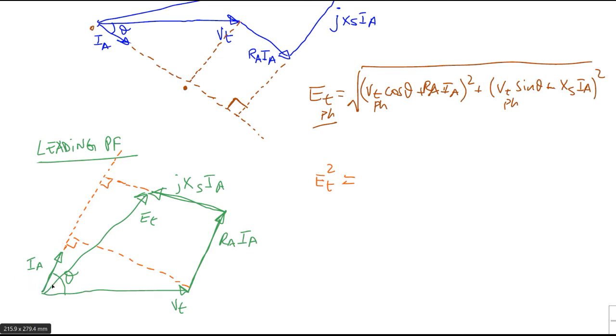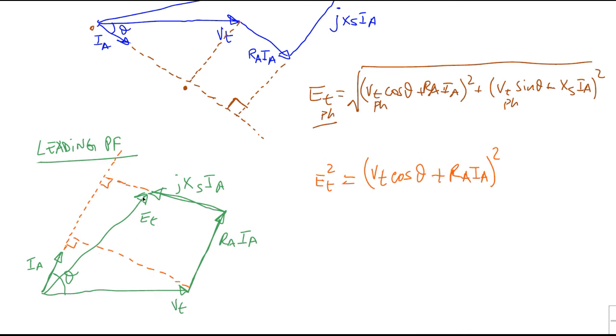This part consists of VT cosine theta, so this section, plus this section here, which is RA IA, squared. Plus this part only, which represents all these segments, equal to this one, in parallel.